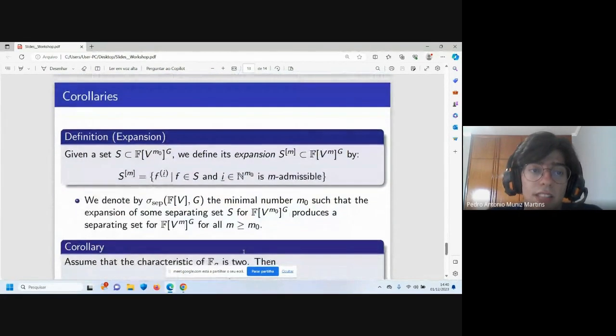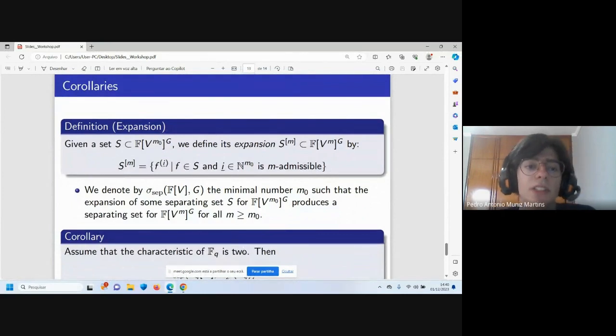Then we can define the expansion of some set of invariants. We pick a set S, a subset of our invariant algebra, consider m0 copies of the space, and we can define its expansion. We pick every polynomial in our set S and put this permuted index in here to make another polynomial invariant, but for our greater invariant algebra.